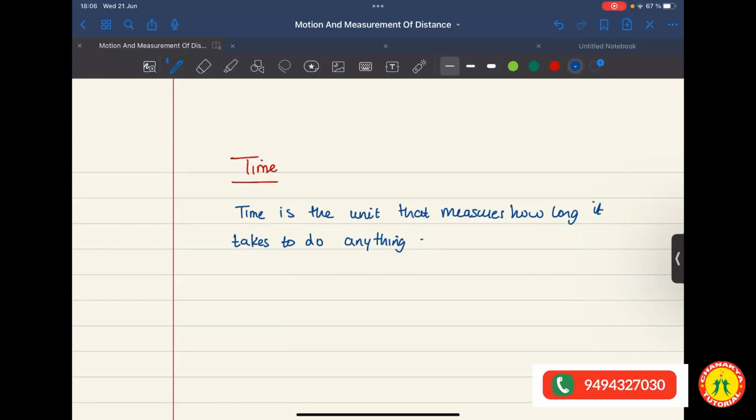So distance is measured with respect to time. Okay, these are the basic definitions that you're supposed to know about time. So obviously time is related to how long you're doing anything.